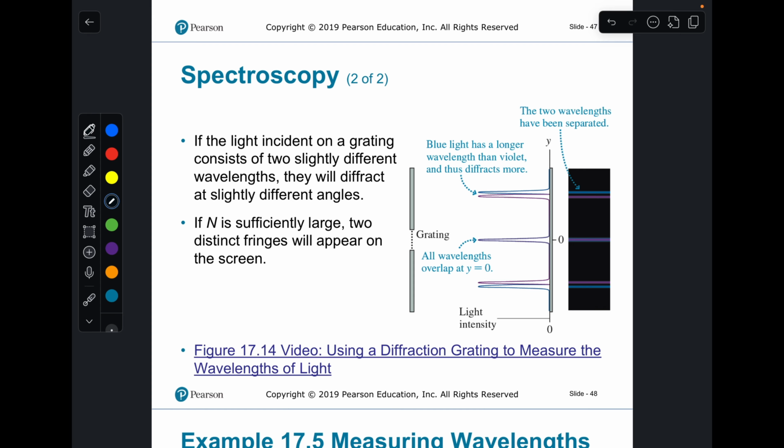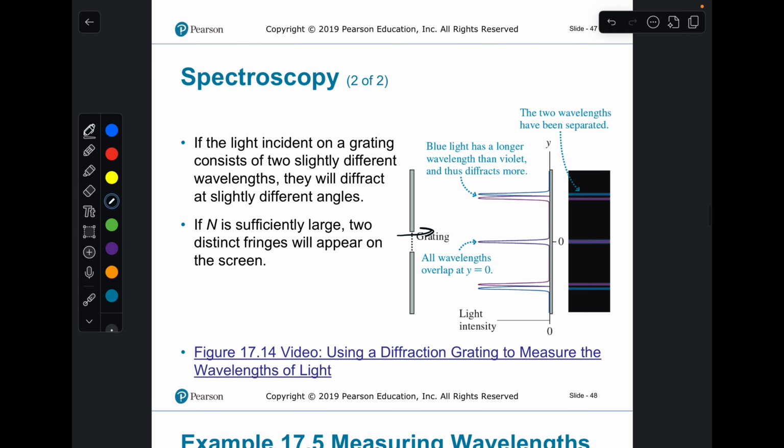And so we're going to shine that light through the grating and we're going to see the location of multiple bright fringes, one for each wavelength of the light coming through. And so what we can do is measure the distance, y_m. We could also, if we wanted, measure the angle, and from that, find the wavelengths.